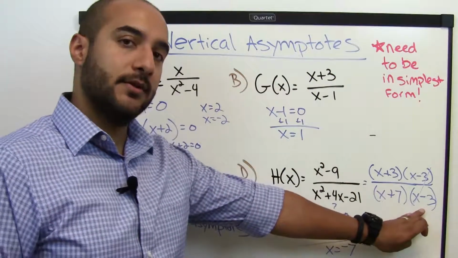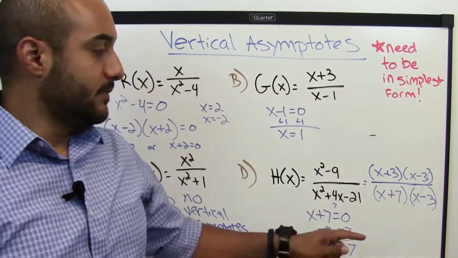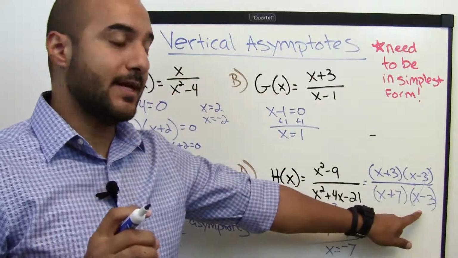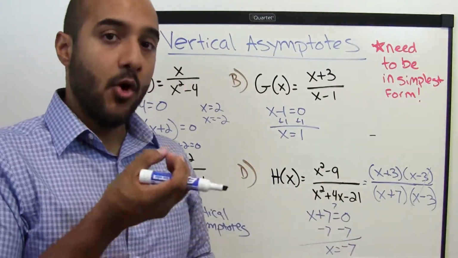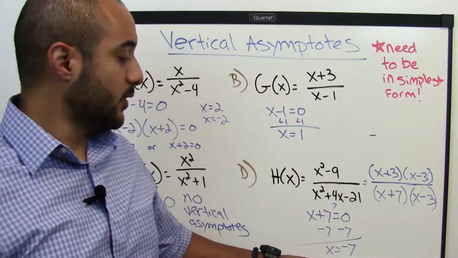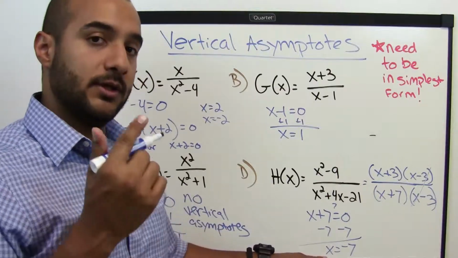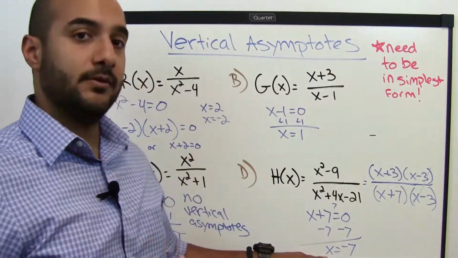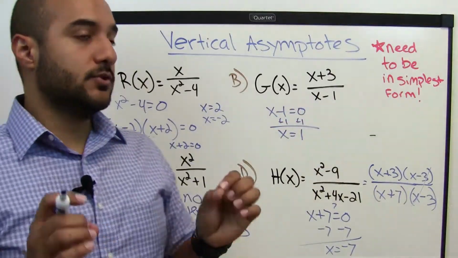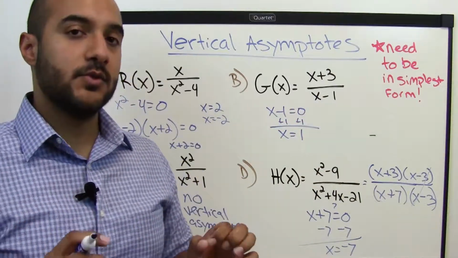So I don't have to worry about the other one, because in its simplest form, this is canceled out. This means something else: this actually means that there's a hole here when I make a graph. So in this case, only one vertical asymptote. And what's the most important thing? That you don't forget to put it in simplest form to look for these.